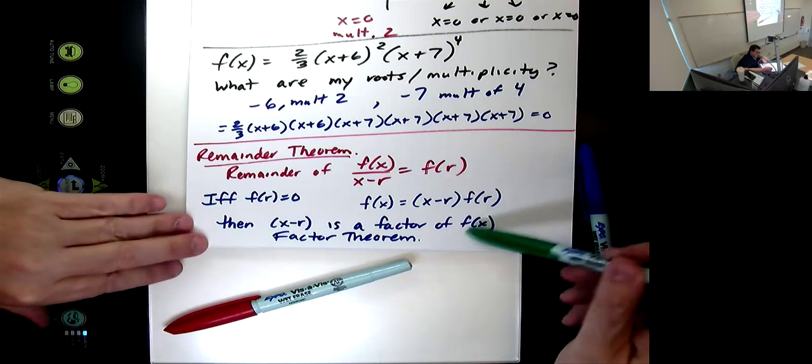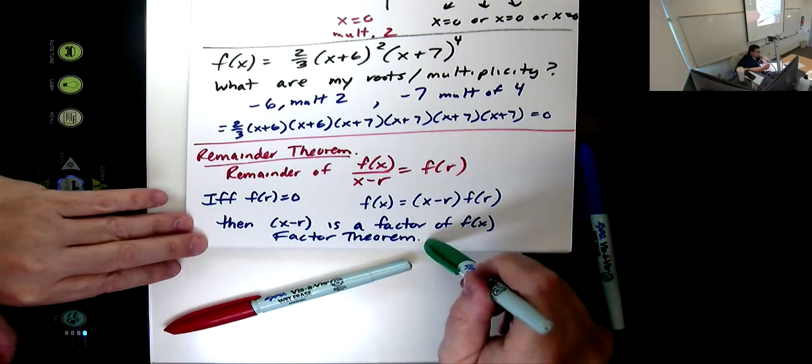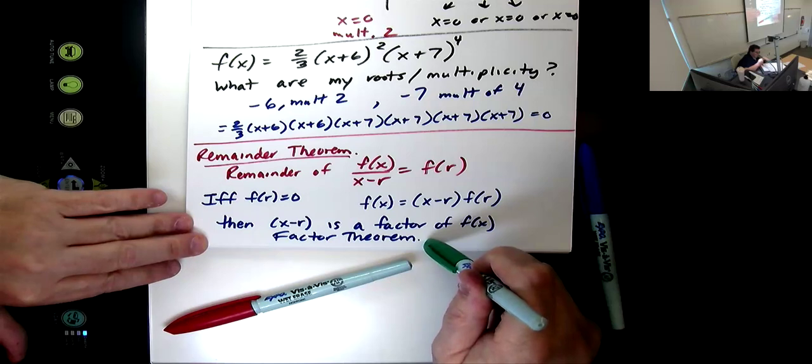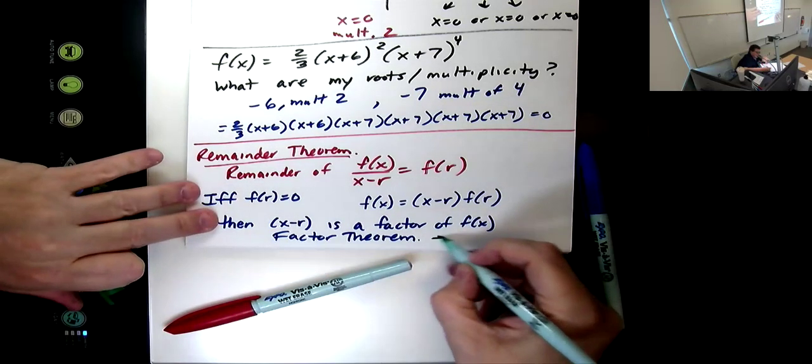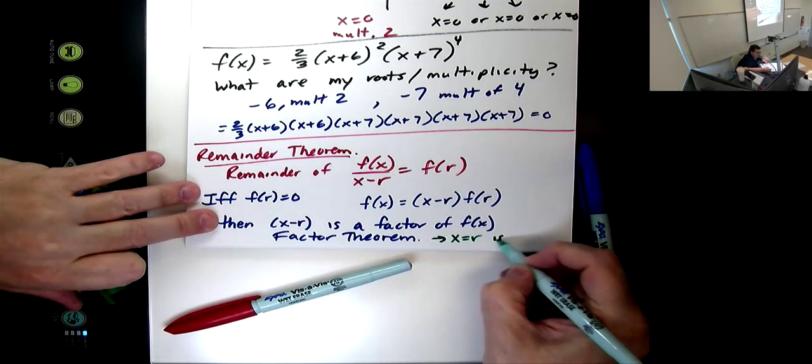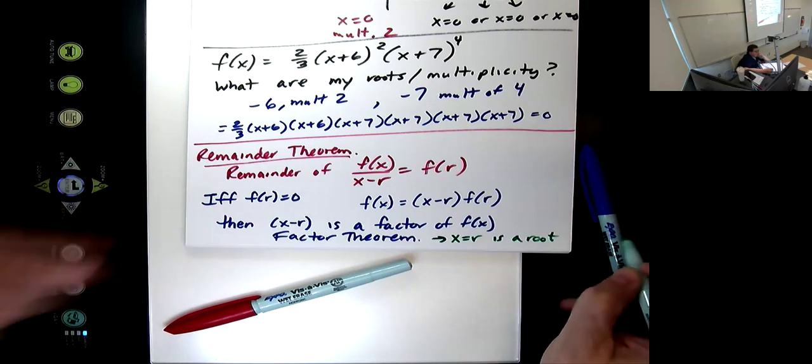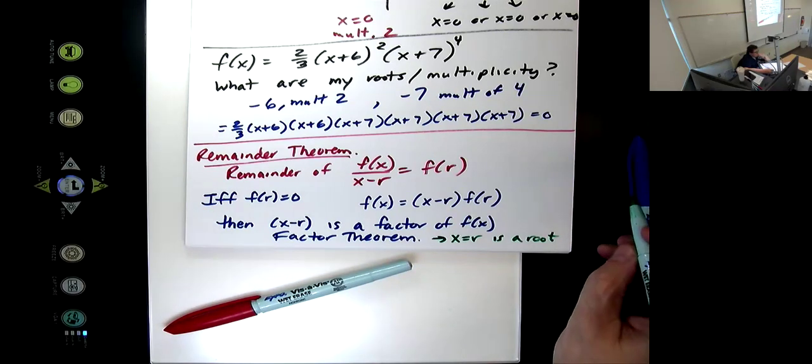Putting these two together, if it's a factor, then x equals r is a root. If we can factor it and set it equal to 0, it's a root.